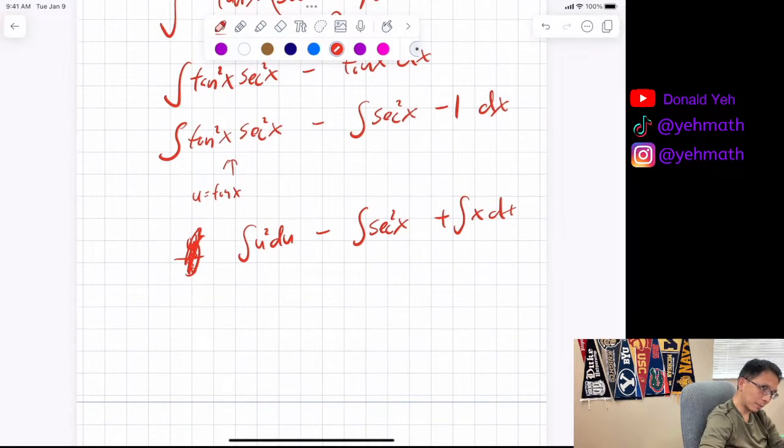So that is going to be tangent cubed x over 3 minus integration of secant square is tangent of x, and then plus x.